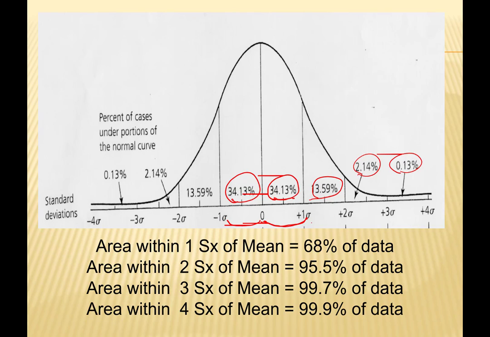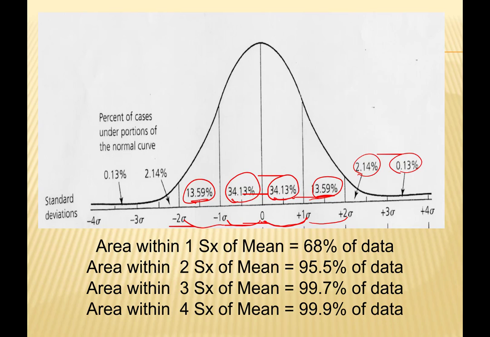68% range. If you were to take it another step out, a standard deviation out this way and the other way, so it's 2 standard deviations away from the mean, that is what we call the 95.5% range, because that includes the 13.59% and 13.59% here again.